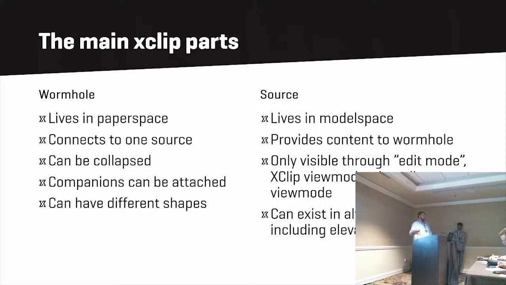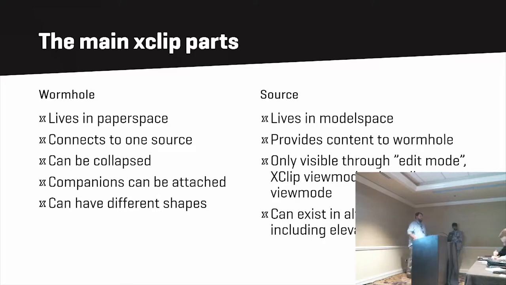So the wormhole connects to the source. Another thing about the wormhole is that it can be collapsed. That means that it's not connected to any source. And if it's collapsed, it's obviously not going to show anything from model space.